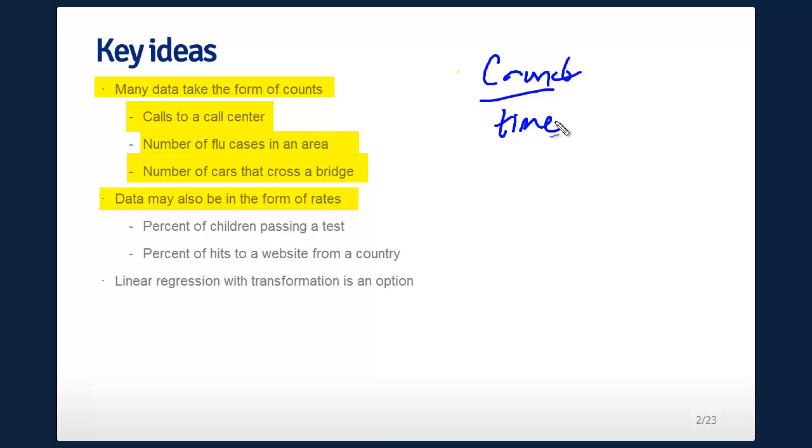So this is counts of radiation detection hits on a detector. That count is, of course, dependent on how long you're running the detector, right? So it's not relevant to talk about the count without talking about how long you monitored things. So it's count per unit time.